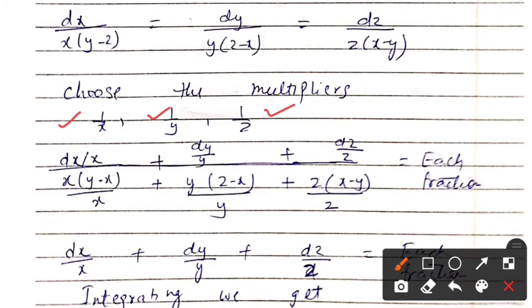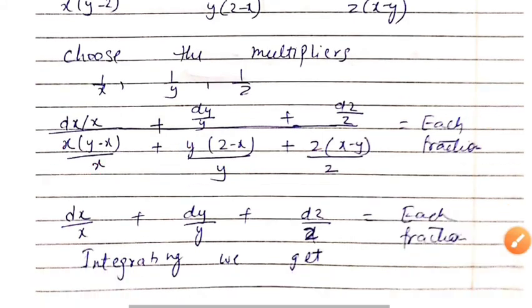So when I multiply by 1 by x, I get dx by x in the numerator, and the denominator is divided by x. I will add these, and then only will I get my denominator as 0, right? Similarly, I will multiply by 1 by y in the second term and by 1 by z in the third term. Here you can see these terms will get cancelled, and on adding these whole terms you get your denominator as 0, which can be written as each fraction.